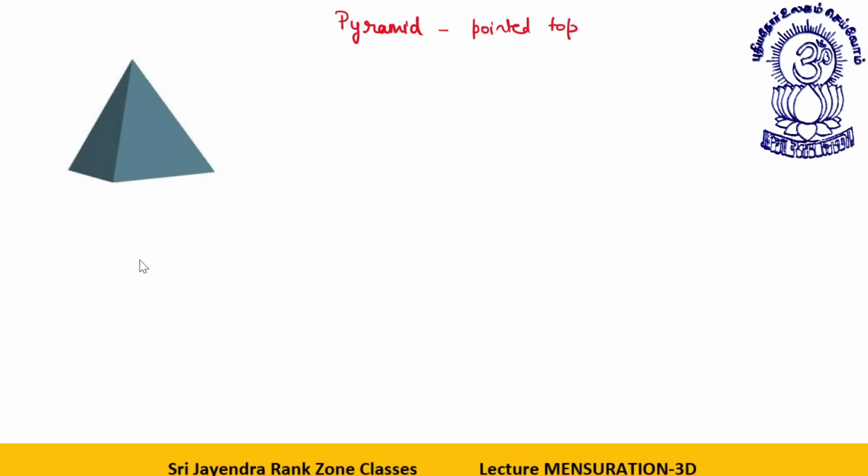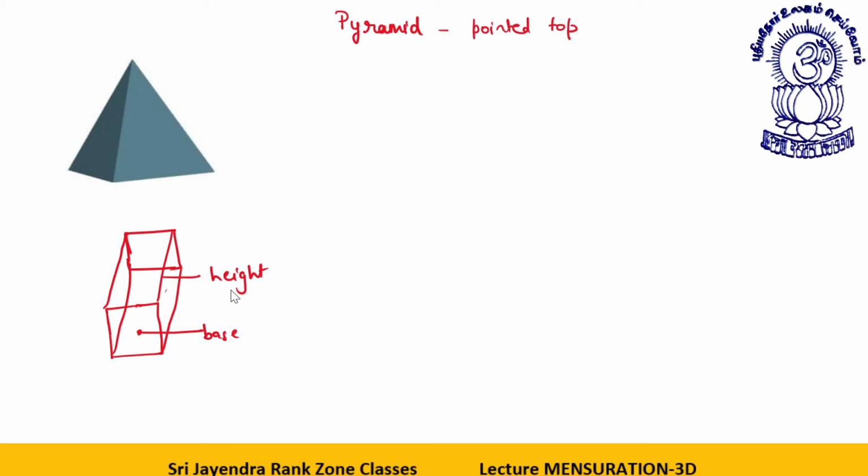If for any figure, let's say I take a cuboid like this, I join these edges. This is the base and this portion is the height. What will happen for this figure?